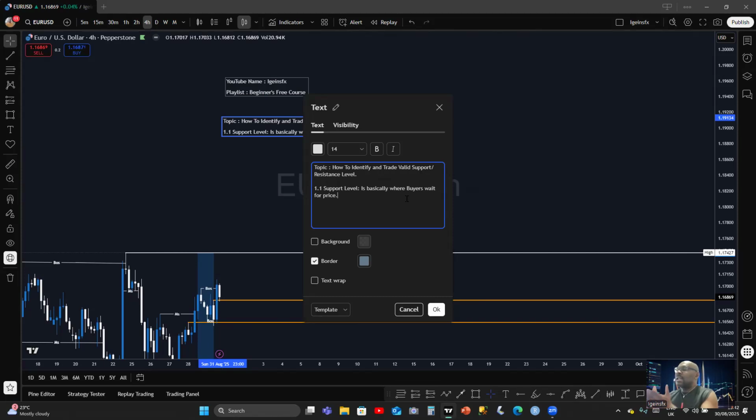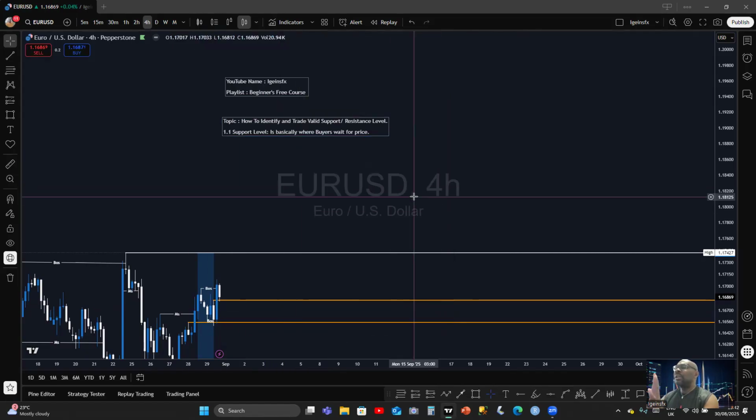As price comes to that level, they enter the market and push the price to the upside. It's basically where buyers wait for price. Simple as that. That is a support level. I don't want to start giving you people unnecessary theory and definitions.